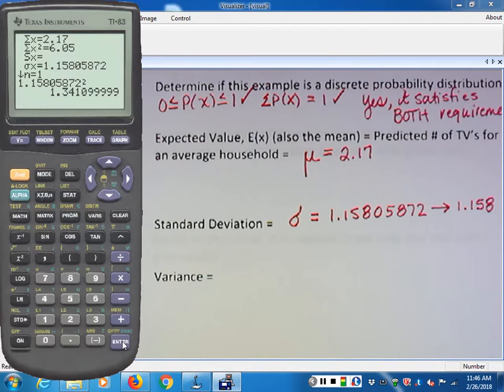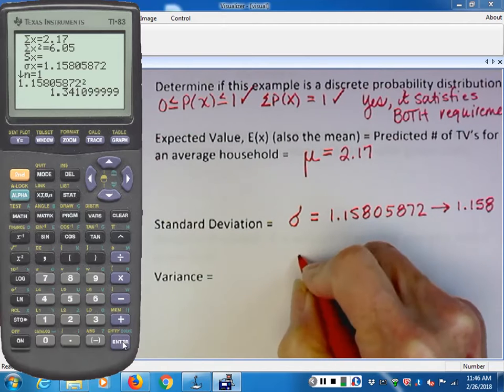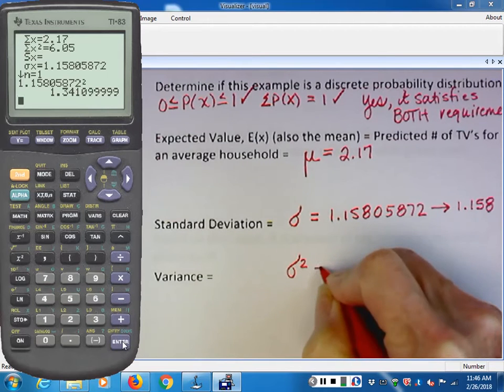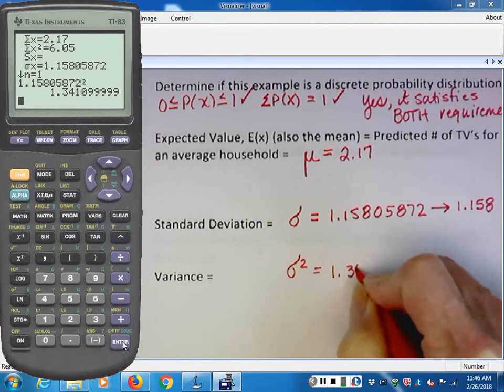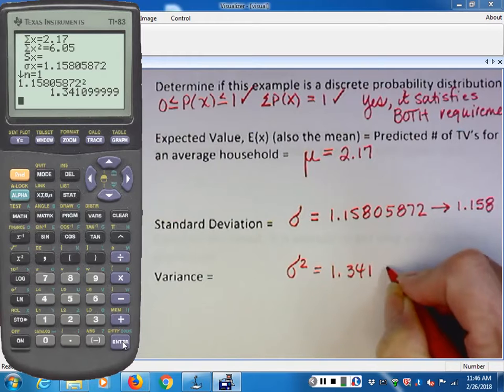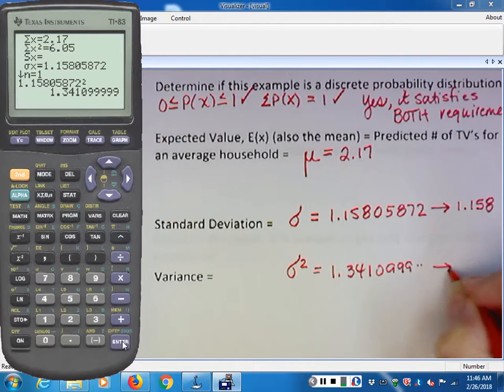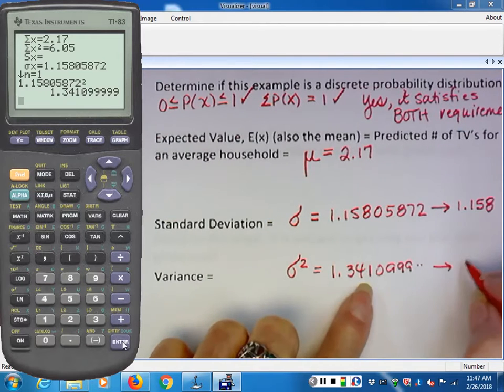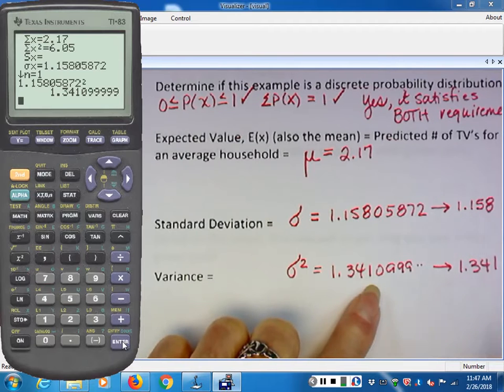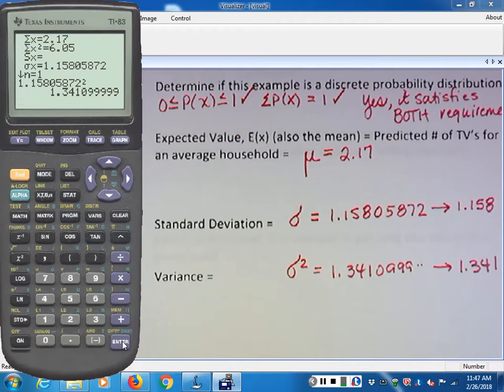And that turns out to be 1.341. And it's again okay to round that off to 1.341. And in my stat note, just be sure that you follow the rounding directions.